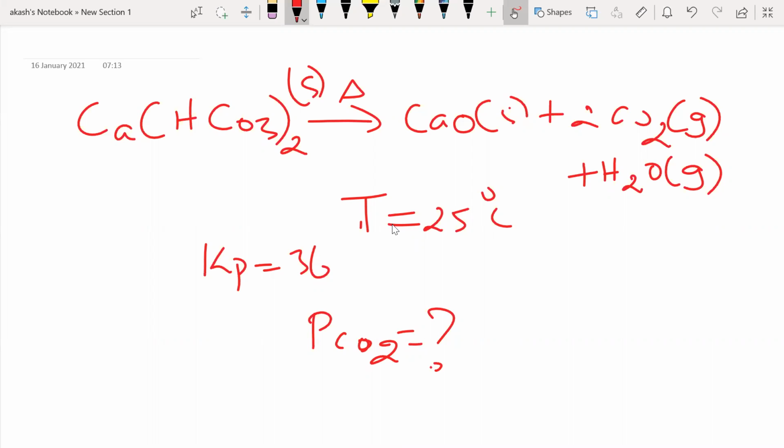So they're given the reaction. They say that initially it was heated, and then the temperature was cooled down to 25 degrees Celsius, and they're given the Kp value, and they're asking you to find the partial pressure of CO2 at equilibrium. Yes, go for it.